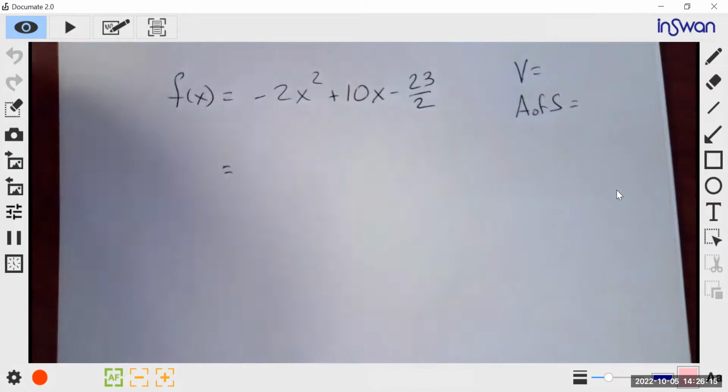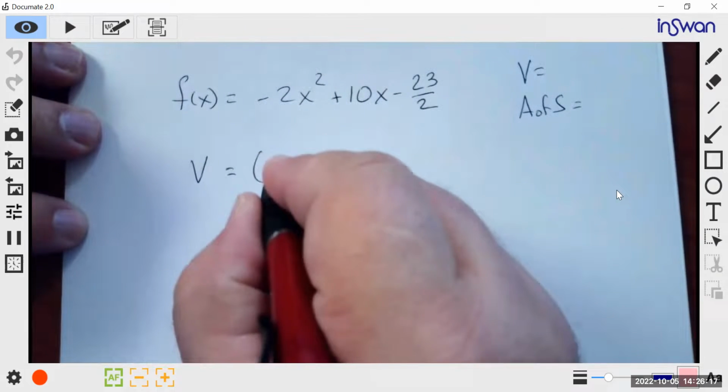Well, let's find the vertex here the first way. This is the easy way.